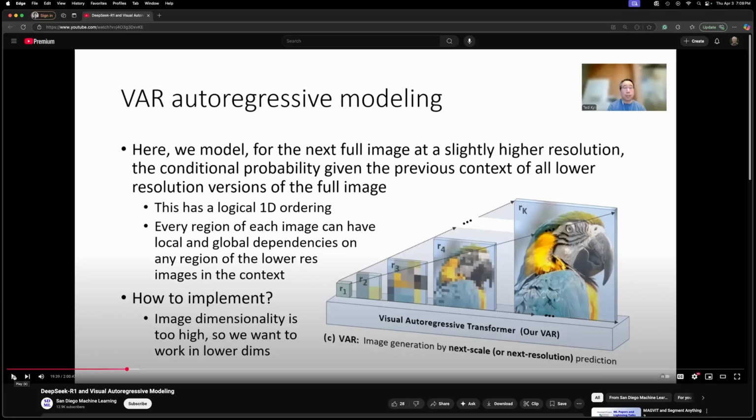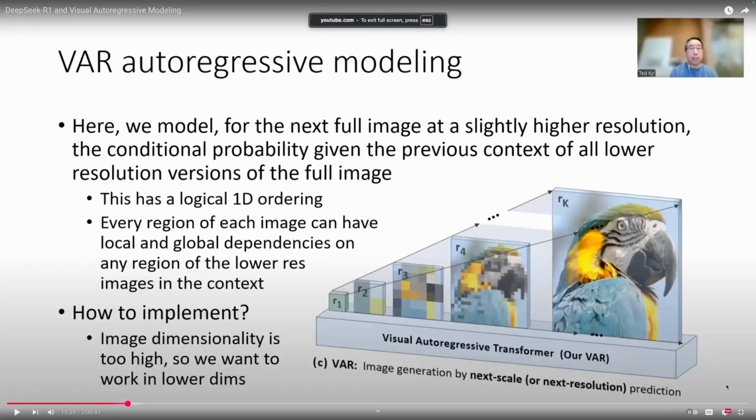I had a couple questions. One of the questions was, are the channels in each of these lower resolution, quote unquote, images color channels, or is there a higher dimensional latent space in the lower resolution? Yeah, that's a great question.